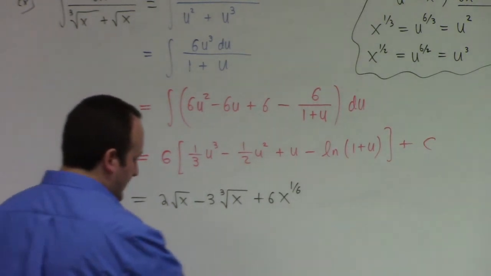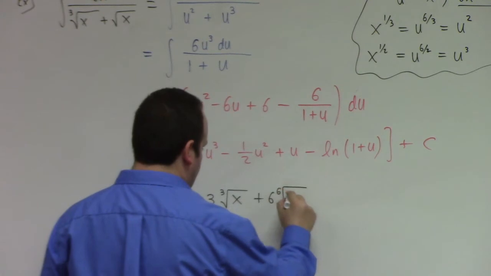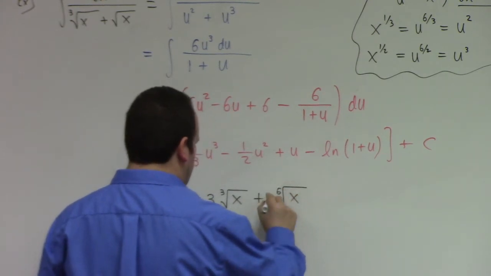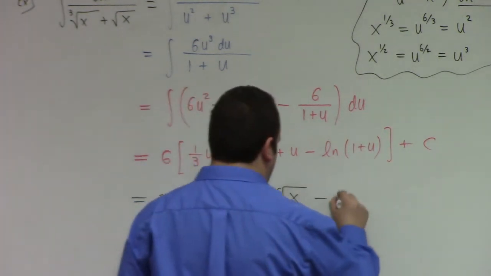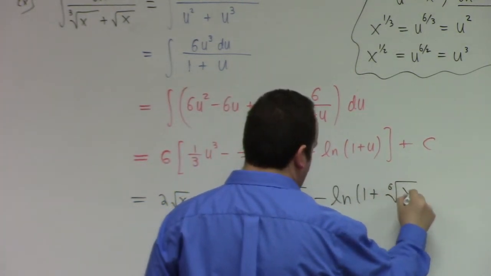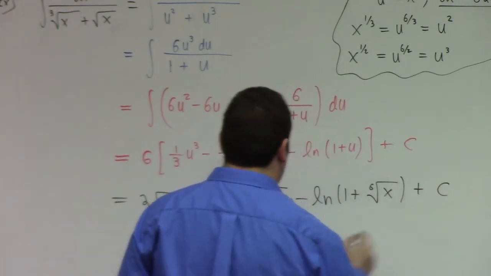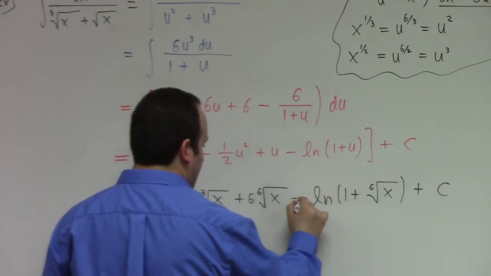I guess I could rewrite that, just to be in concert with my other notation, as 6 times the 6th root of x. And then minus 6 times the natural log of 1 plus the 6th root of x. I think I forgot my 6 on that last term. There we go.